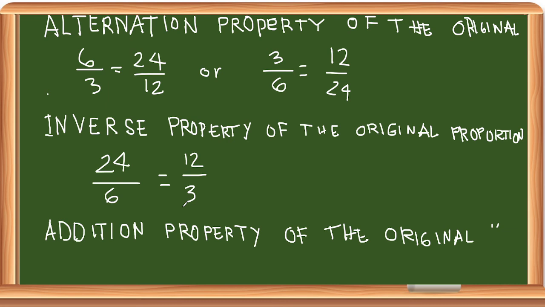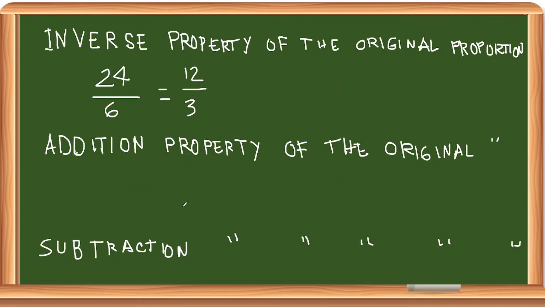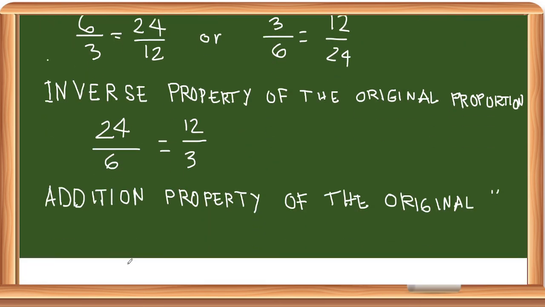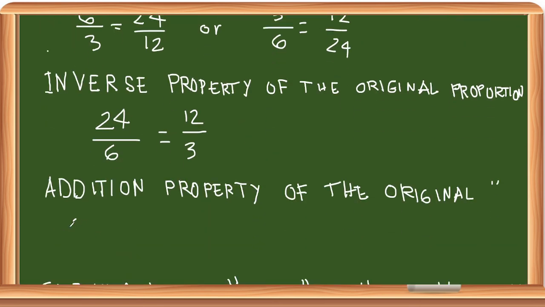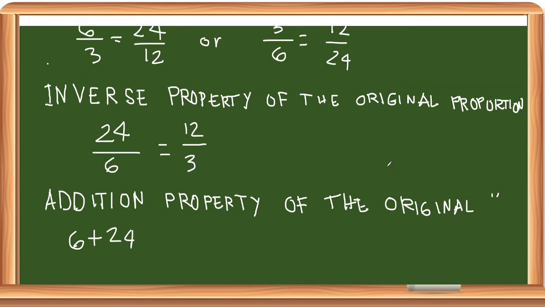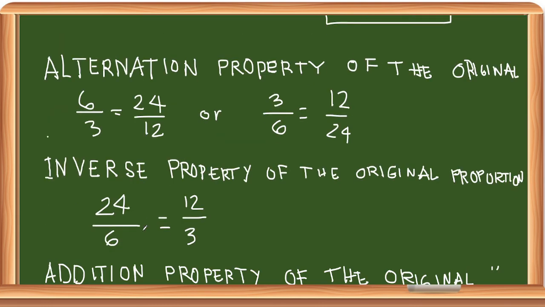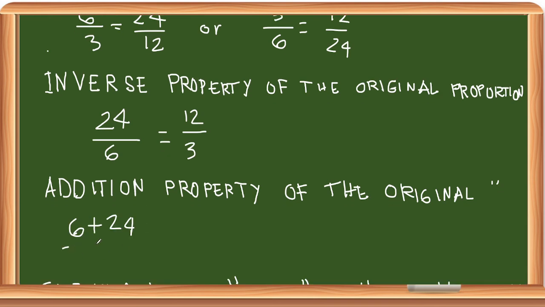Now, kapag sinabi namang addition property of the original, so yung original natin, for example, is 6 over 24. Okay? So, if you want to get the ratio of 6 plus 24, i-add mo. Pinag-add mo yung dalawa, over 24.